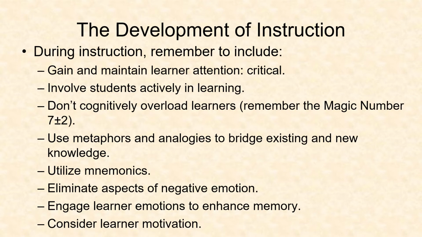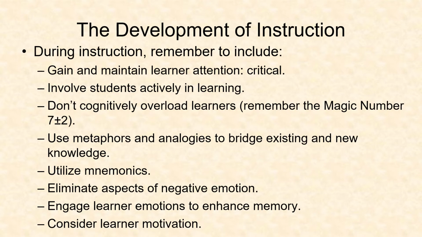Don't cognitively overload the learner. Remember the magic number. Use metaphors, analogies, examples, and context that the learners will understand. Use mnemonics to help people remember content that needs to be remembered.